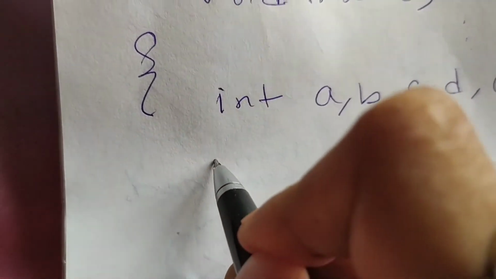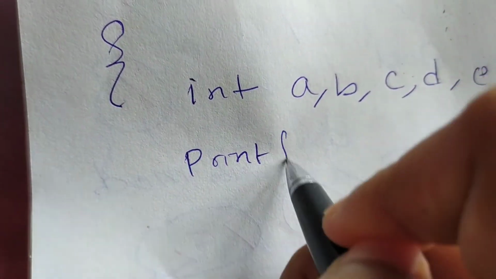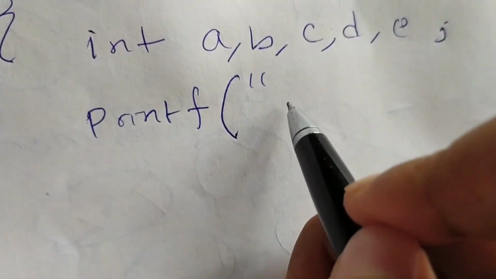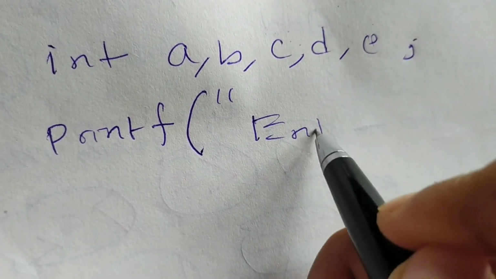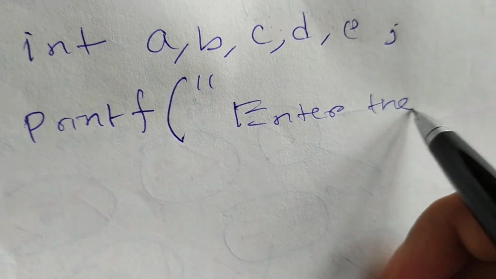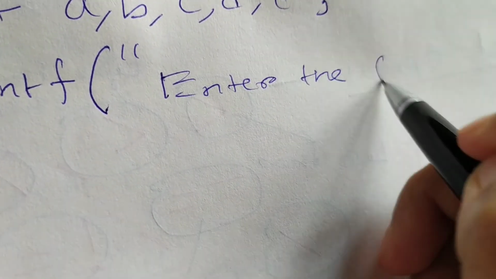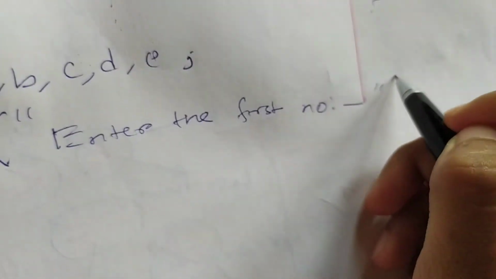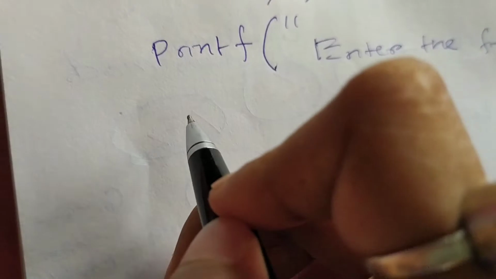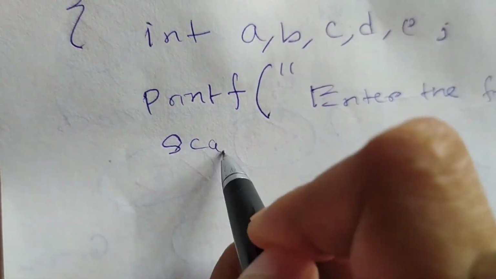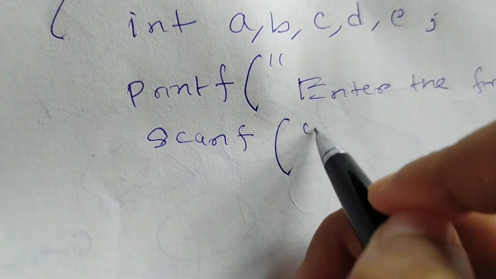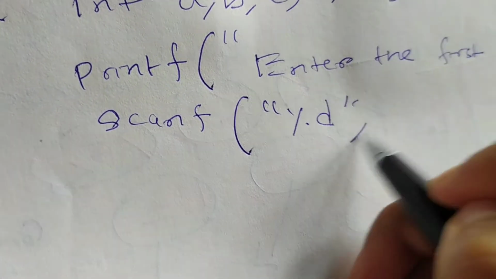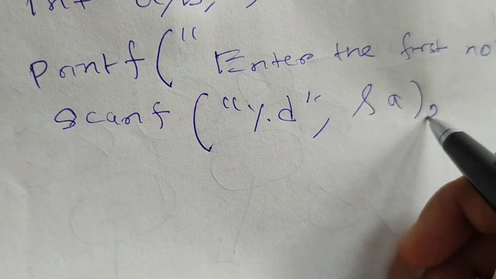Now printf "Enter the two numbers." Okay, enter the first number. Then I am scanning %d and &a.